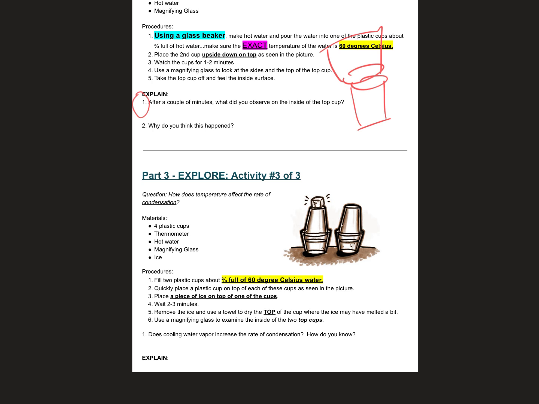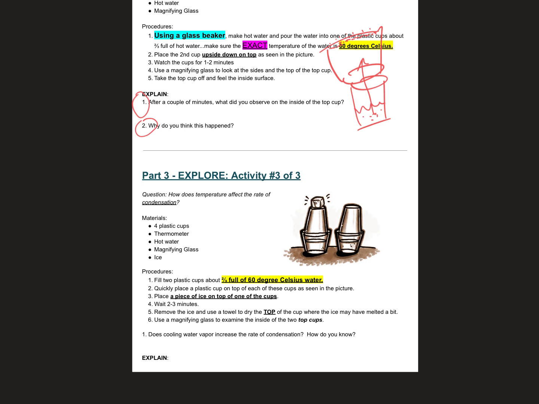Anyway, when you take this water and you add warm water in here, as the warm water speeds up, it turns into a gas, and then it should have lined the top of the cup up here. So that's just again the water in your cup turning into a gas, and then what happens when it reaches the top is it gets colder, and then it condenses on the inside of the top cup.